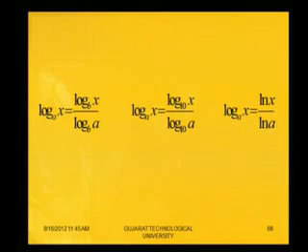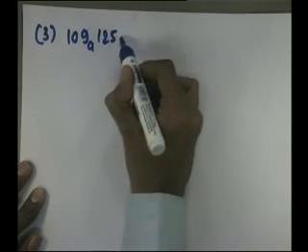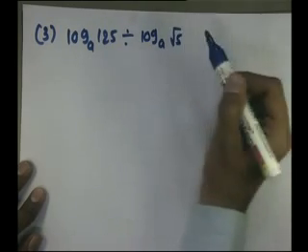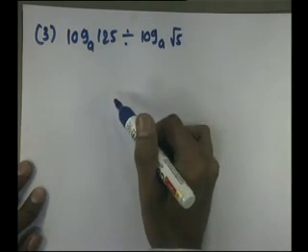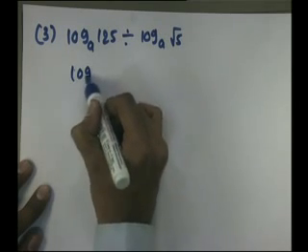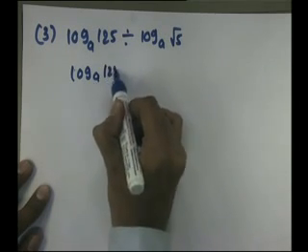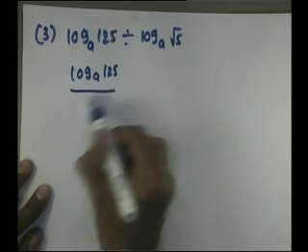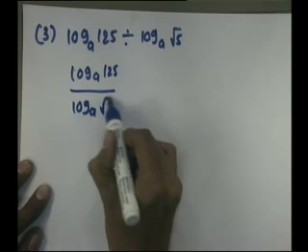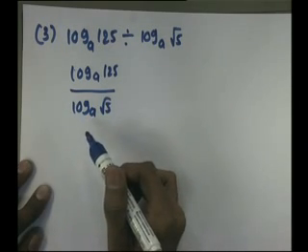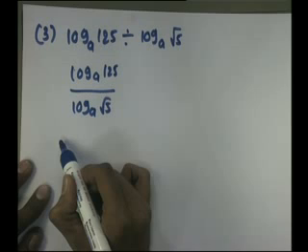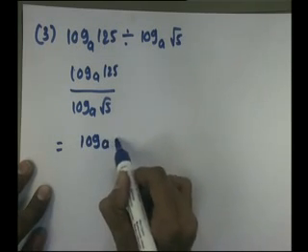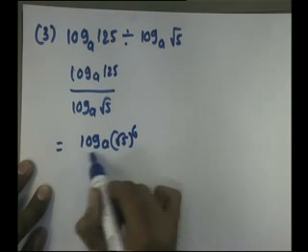Log base a of 125 divided by log base a of root 5. We want to find this value. So this can be written as log base a of 125 by log base a of root 5, and 125 can be written as root 5 raised to 6.